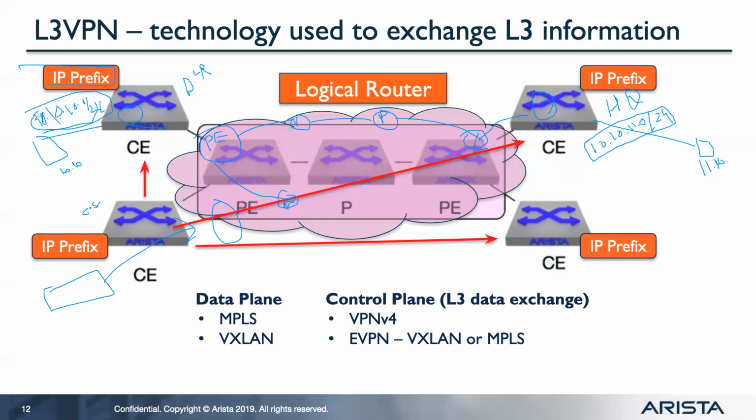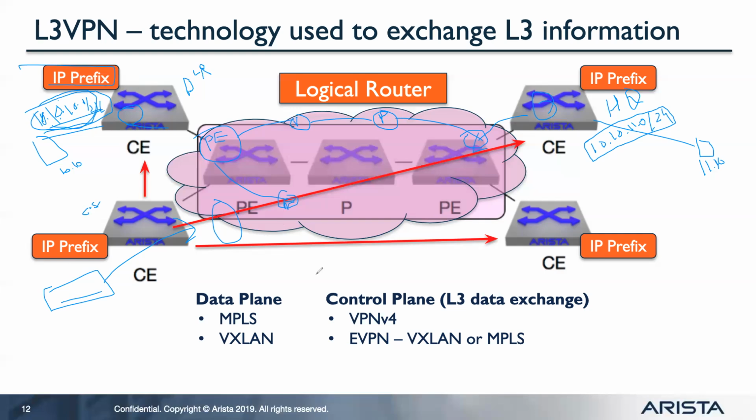We'll discuss more how to make sure that when both are the same subnet, how to take care of it. But the basic idea is exchanging L3 prefixes, from one end to the other. It can be IPv4, IPv6 prefixes, or even multicast.